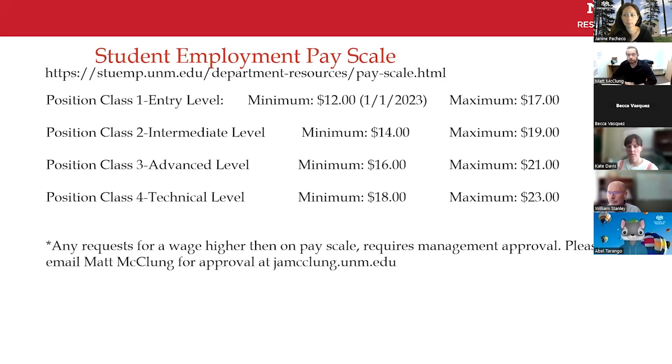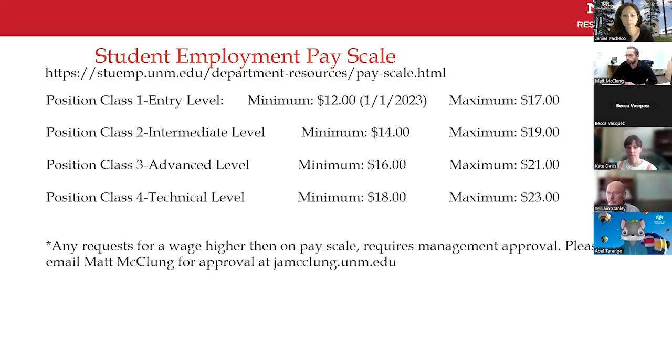As we enter into the intermediate level, the minimum wage jumps up to $14, along with the maximum being $19. As you can probably see already, there is a little overlap between the rates of pay, and I'll explain a little more when I go into the descriptions of the different position classes.